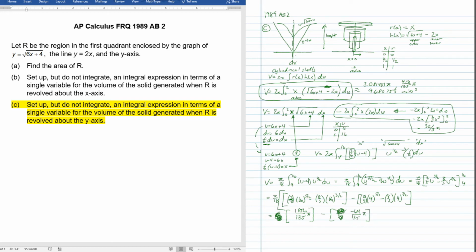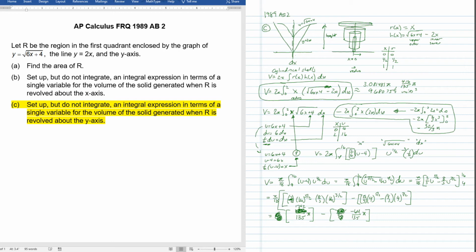All right, let's see what we come up with. Okay, I've gone back and realized I actually gave you, I believe, the final answer for this whole thing here. I actually went back and revisited, and this is 1792 over 135 pi, which is then subtracted by a negative 64.